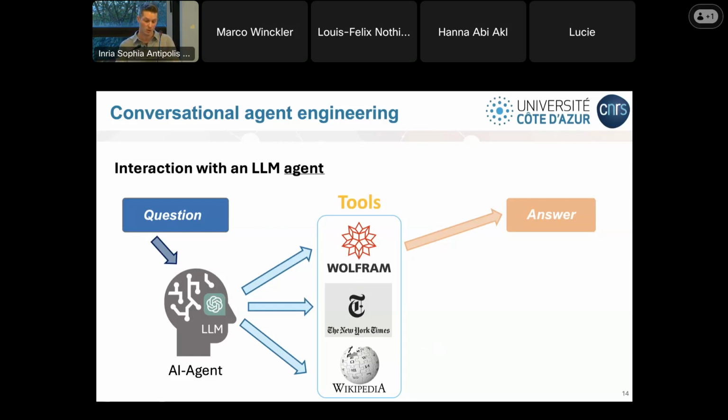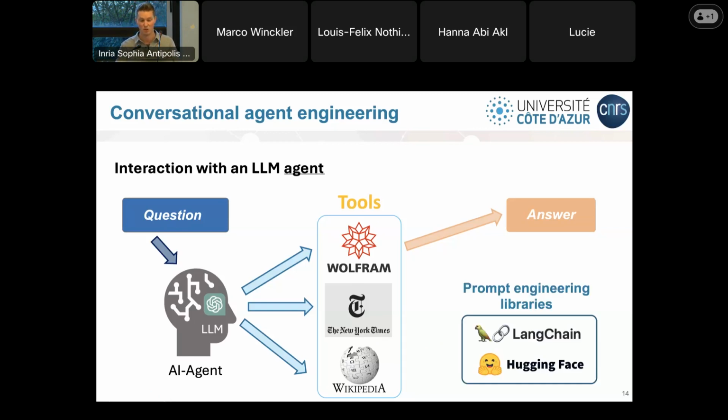And what was observed is that by augmenting the large language models with such tools, they were able to have new capabilities that they couldn't answer just from the large language model. And here again, the community in just less than a year released dedicated libraries to engineer these large language models and design such agents. Okay.